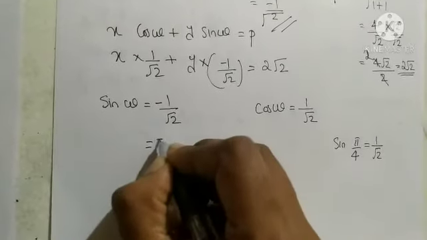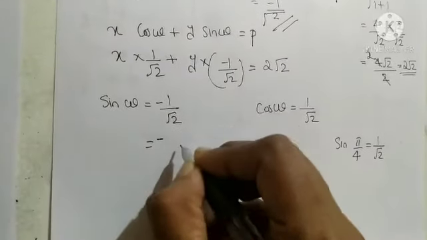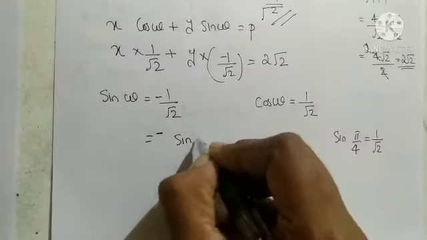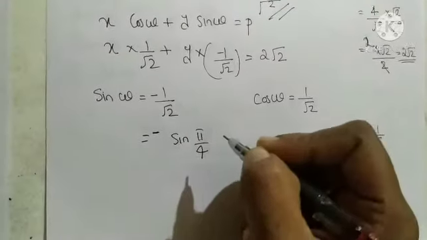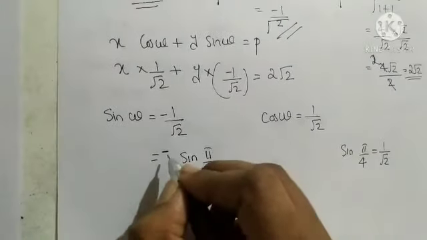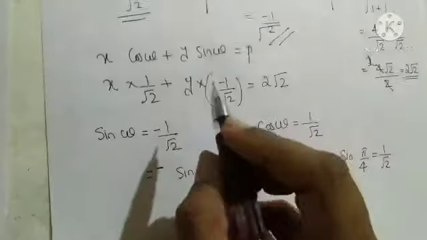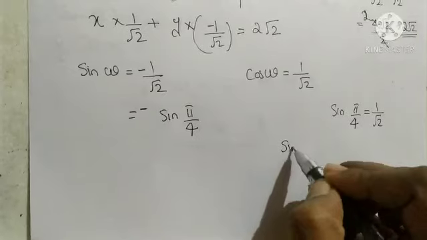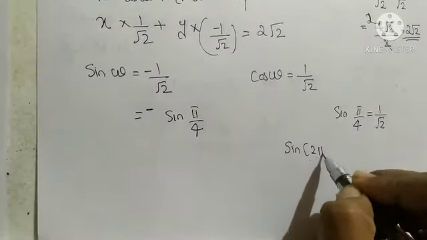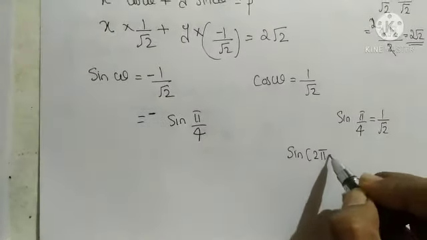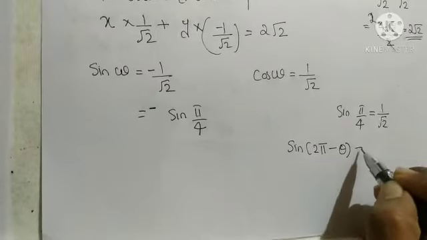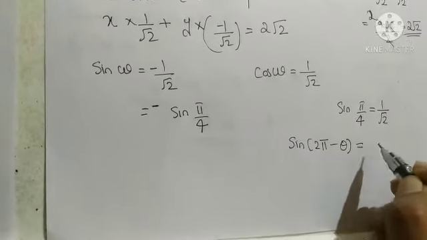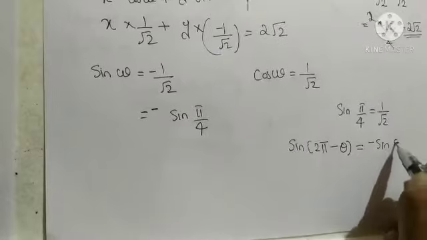So I am writing this minus here and replacing this 1 by root 2 by sin pi by 4. And next I am going to take this negative inside the angle, and we know that sin 2 pi minus theta is equal to minus sin theta.